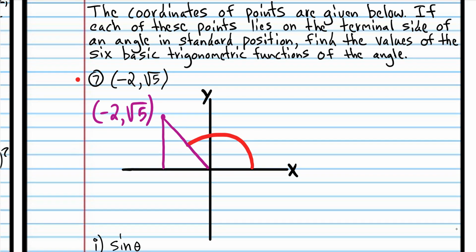So we don't really care what the lengths of the triangles are. We just want to know the ratios. This point can actually be anywhere on the terminal side of the angle. It can be up here, it can be up here, it can be down here. You're going to get the same answer because the shape of the triangle is going to be the same as long as the point is on the terminal side of that angle, as long as it's on this line.